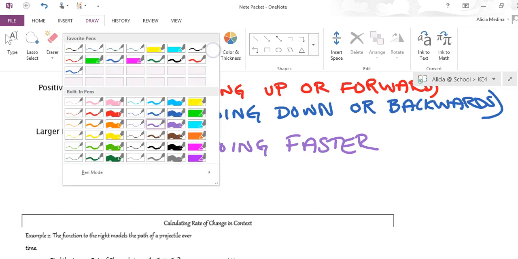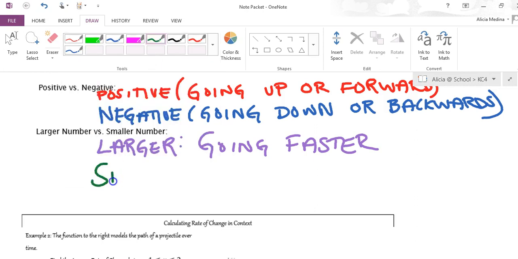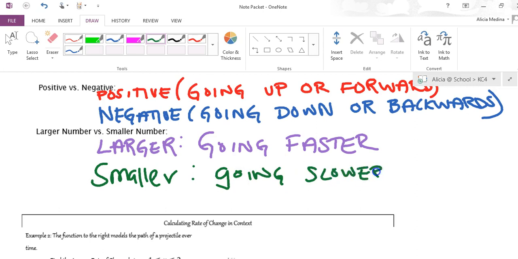And if you get a smaller number, well, that just means the opposite, right? So this means you're going slower. So again, you're going slower forward, slower up, slower down, slower backwards, depending on if it's positive or negative.